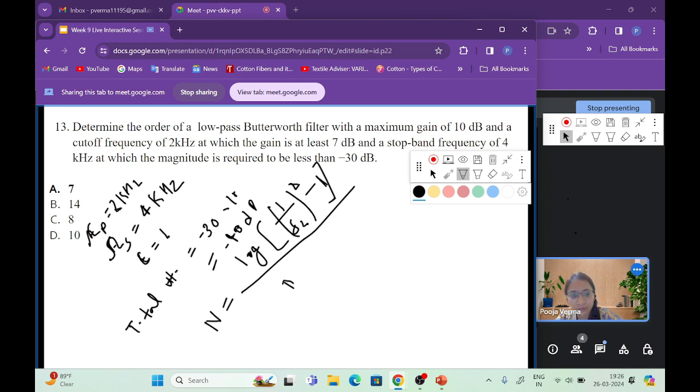So it is 2 log omega p, or FP, divided by FS. I'm writing FP divided by FS.